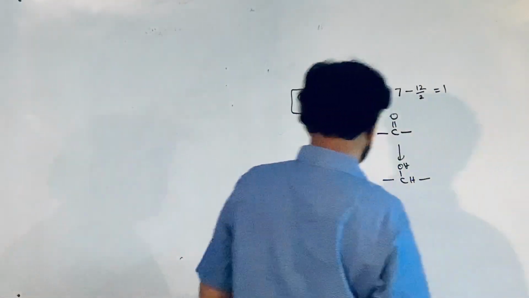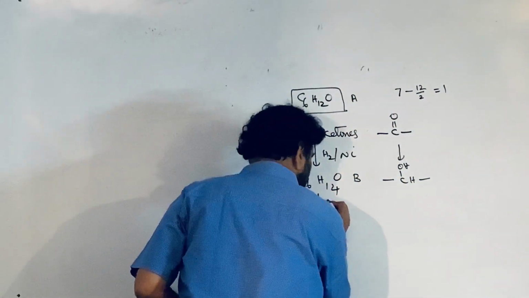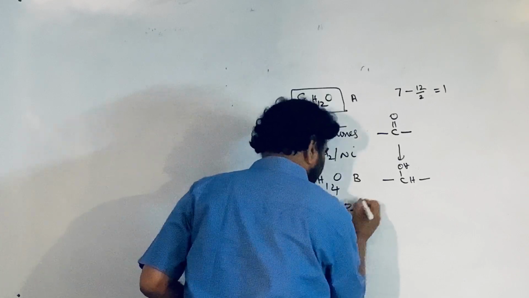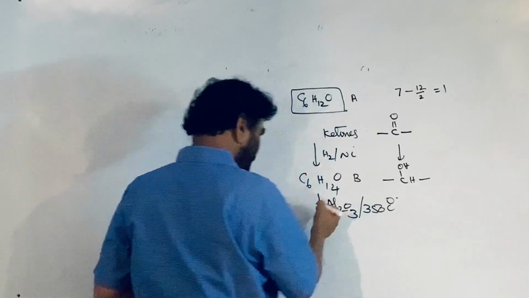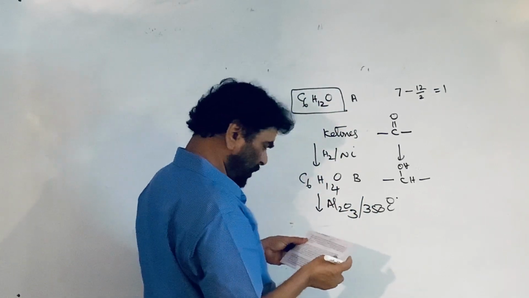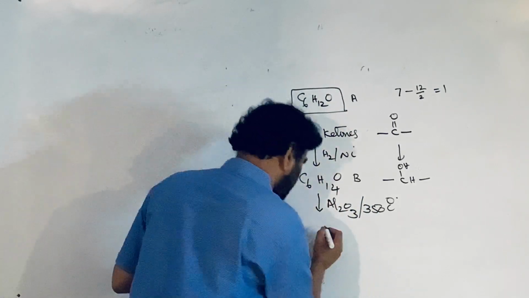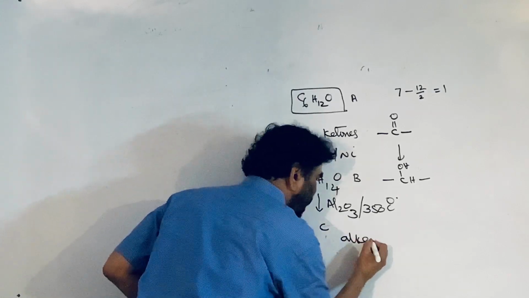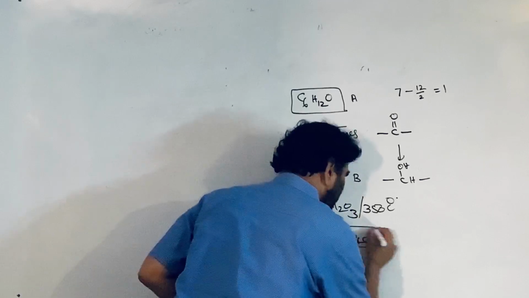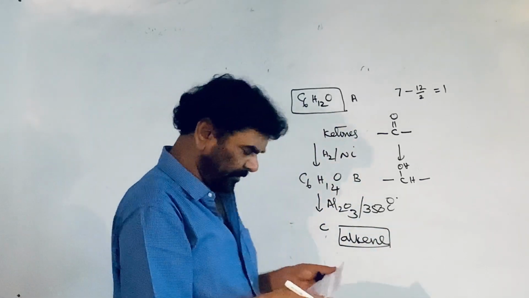Vapors of B are passed through aluminum oxide, a dehydrating agent, at 350 degrees Celsius. Elimination takes place and C is formed. This is an alkene. Alcohol on dehydration gives alkene.